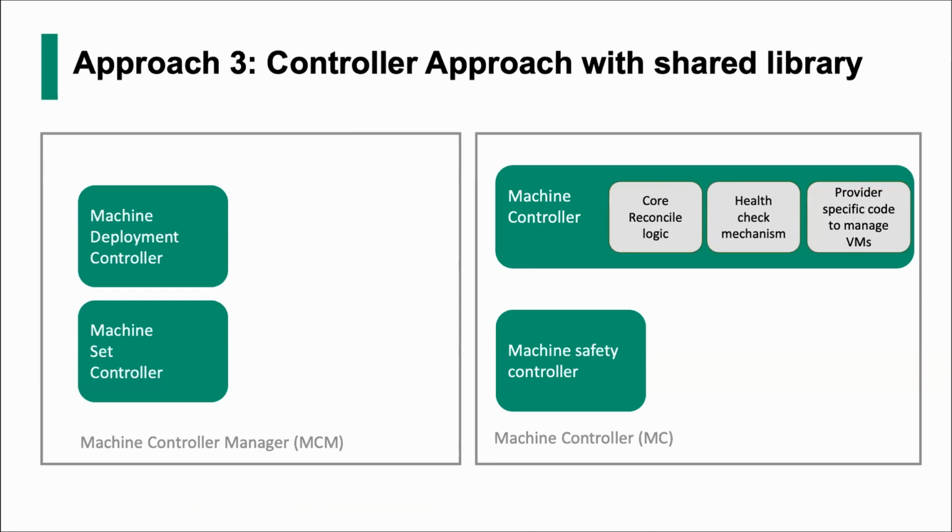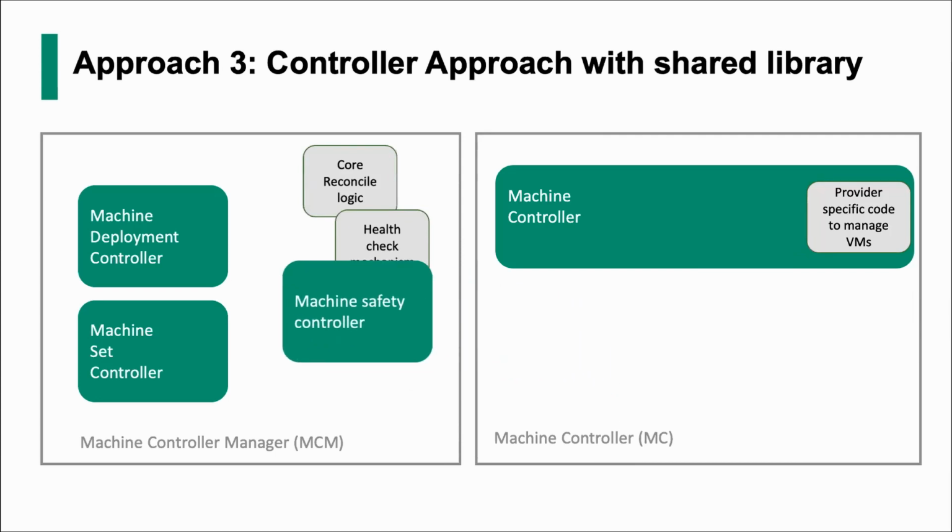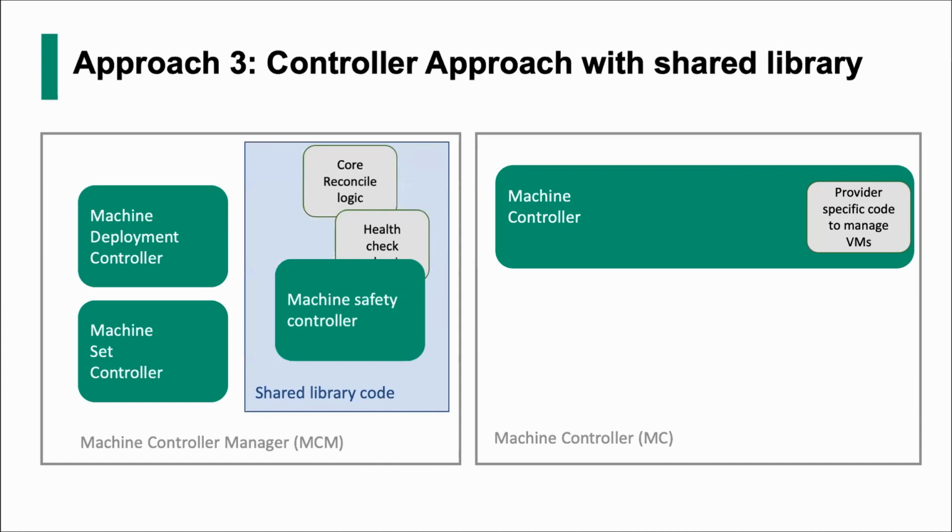We took approach three, where we took the common logic out and created a shared binary out of it. This shared library is then imported by the machine controllers, similar to the Gardener extensibility.